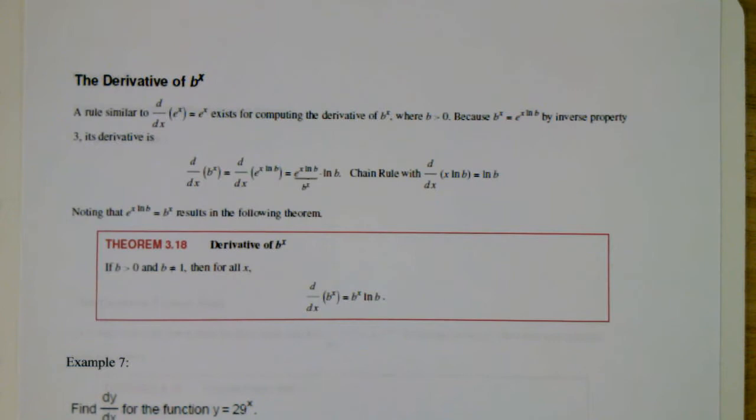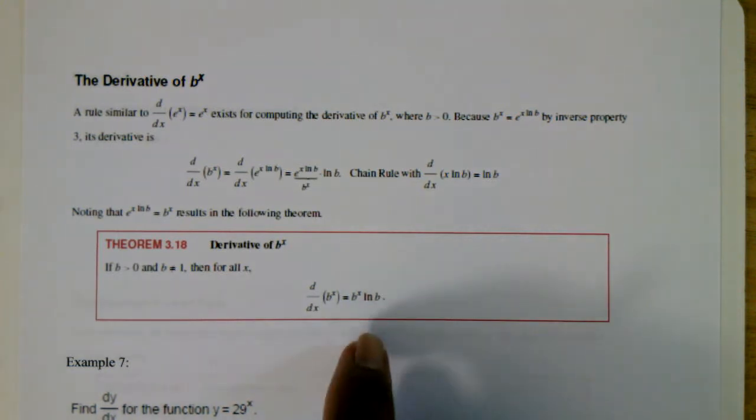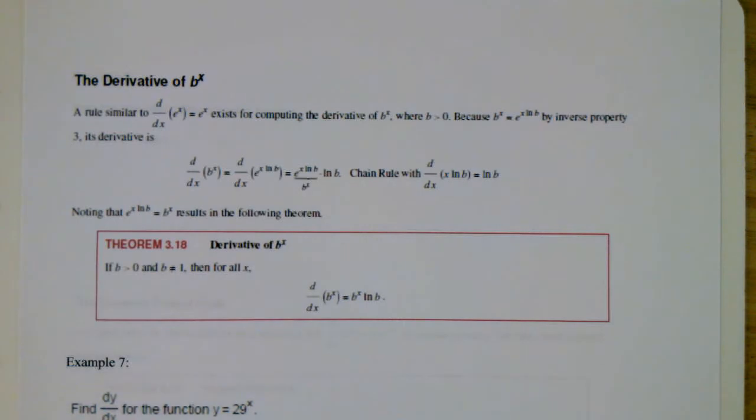Okay. Now, in this case here, I did come up with a proof that shows that the derivative of b raised to the x is equal to b to the x times ln of b.